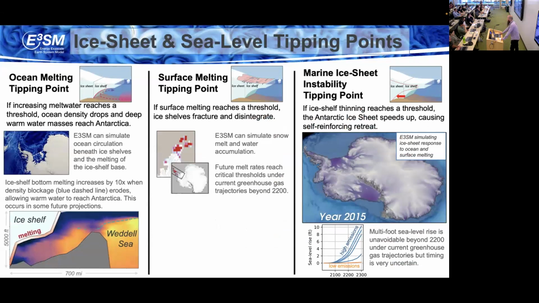I want to talk a little bit about ice sheet and sea level rise tipping points. I'm glad that animation started right away. This was one of the tipping points that I had alluded to earlier, and this is a feature that we have seen in our model and other modeling centers have also seen, where under one of the large ice shelves, the Filchner-Ronne ice shelf, shown in the inset on the left, the circumpolar deep water is sitting below the continental shelf, this very warm, salty water mass you're seeing at the beginning of the simulation here.